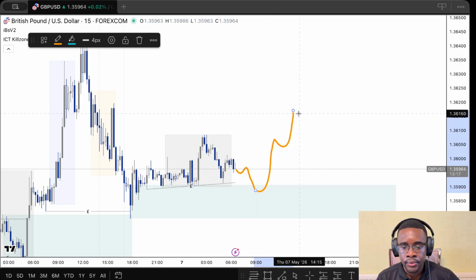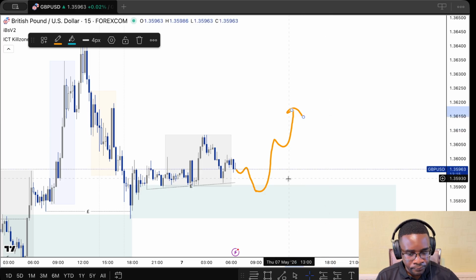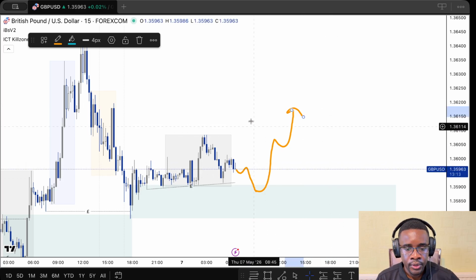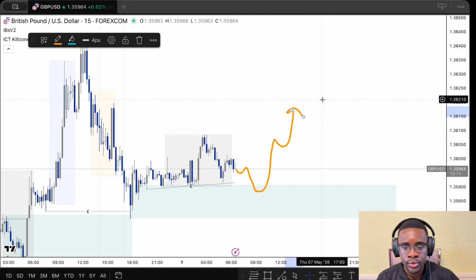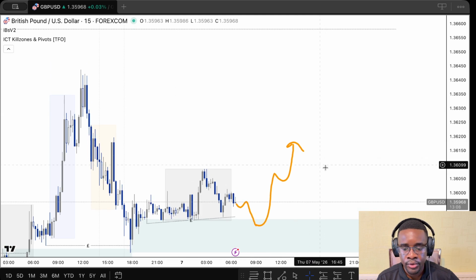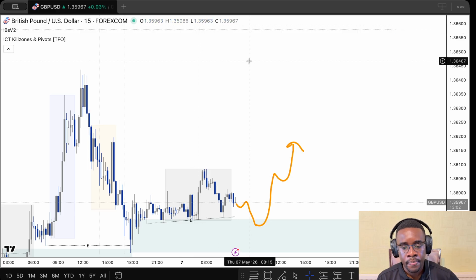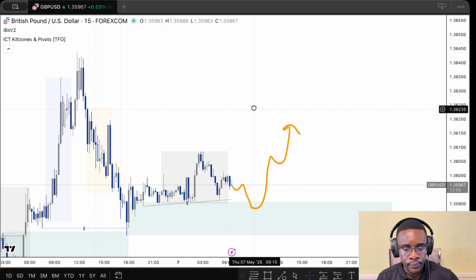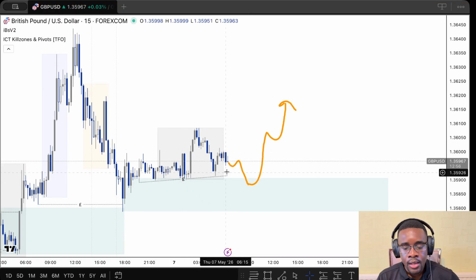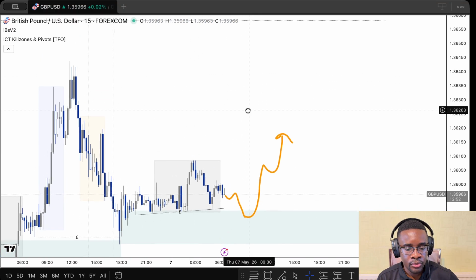So now, same thing, expectation is that we expect price to continue to the upside. Okay, because this is a weak internal high, and then there's a weak swing high. So everything is pointing up. Okay, so whether price comes down, sweeps these lows, and then continues, that is what remains to be seen.